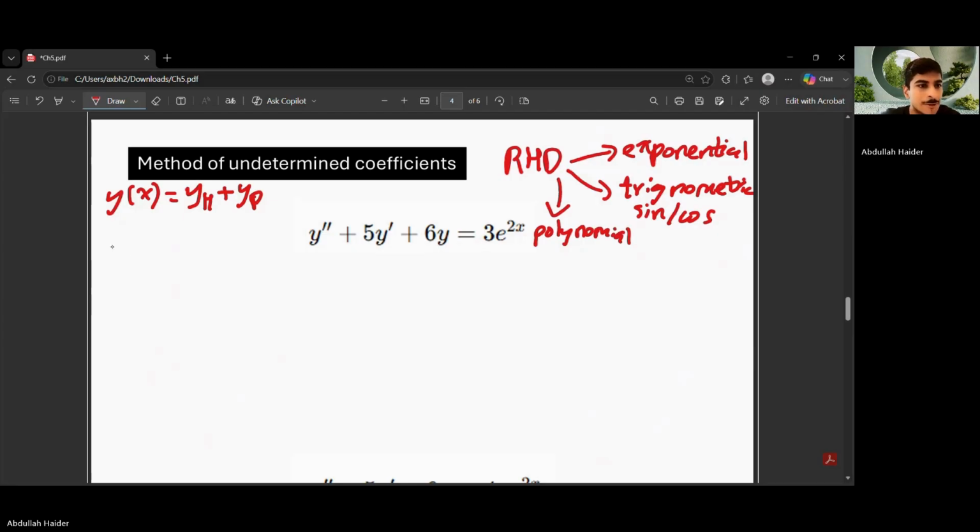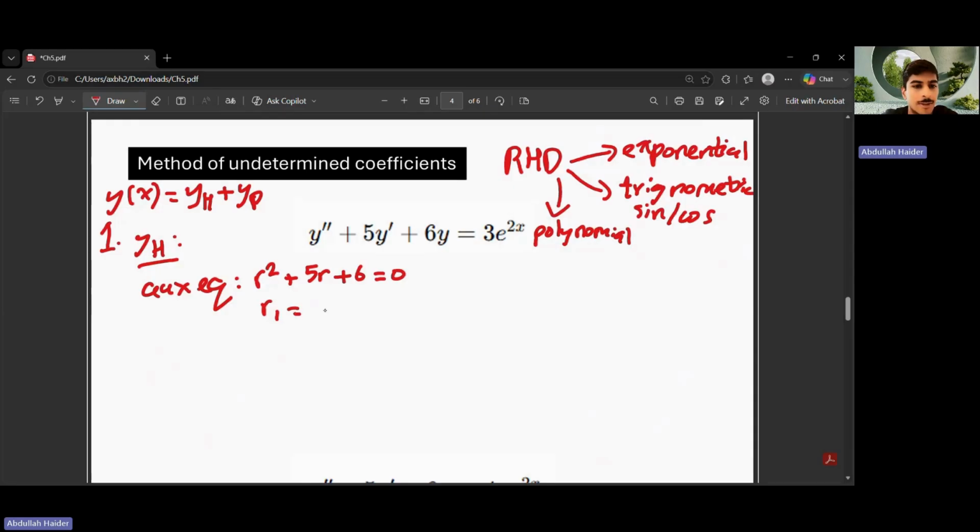So first of all, we always find the homogeneous solution, which is this equation equals to 0. And if we need to find the auxiliary equation, it will be r squared plus 5r plus 6 equals 0.